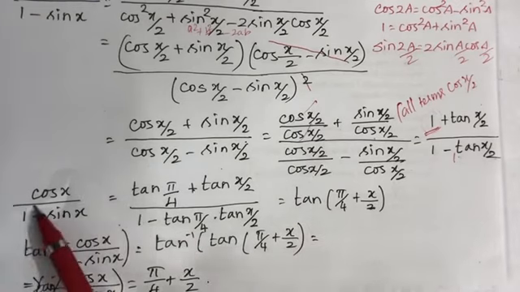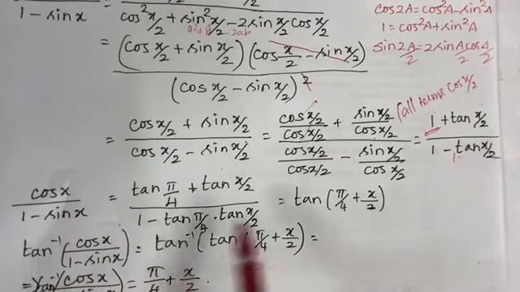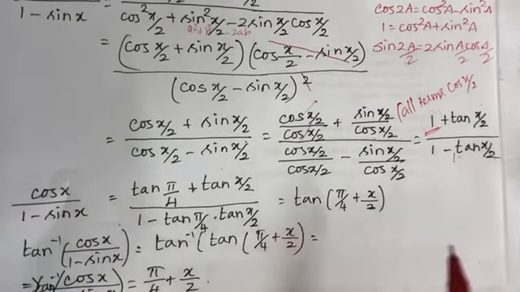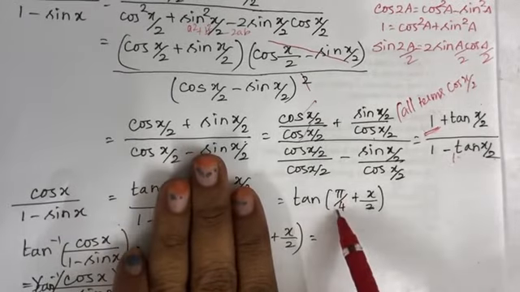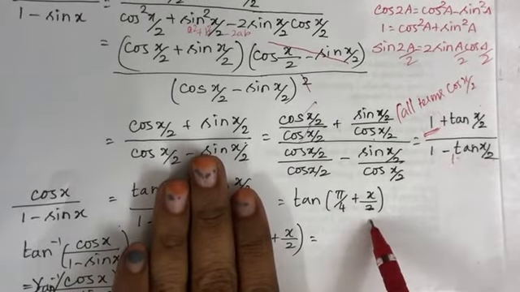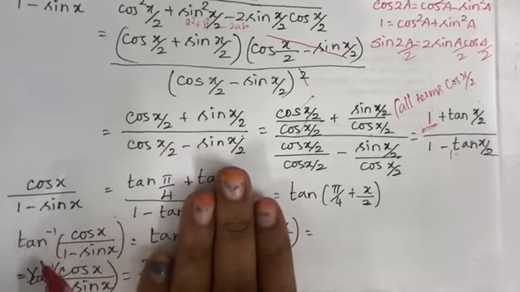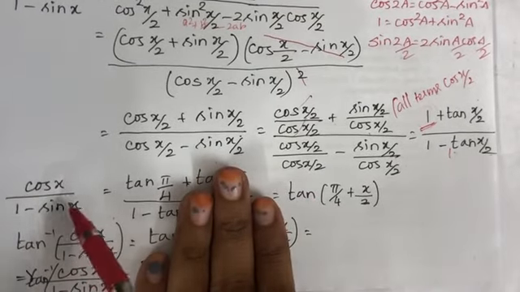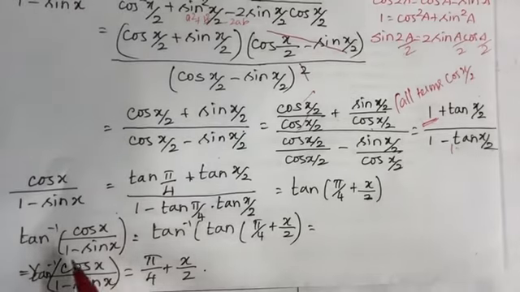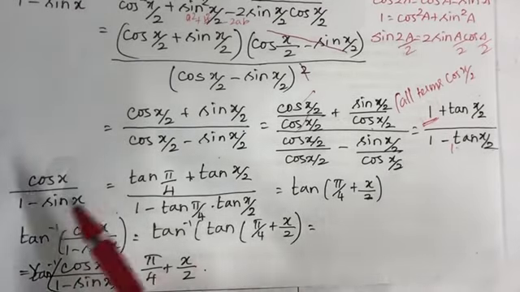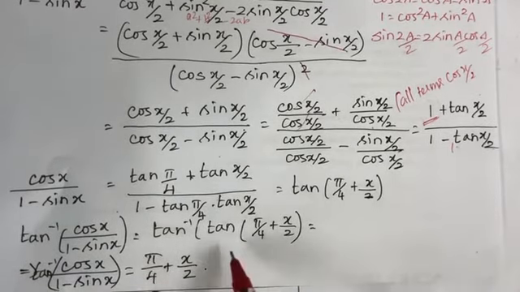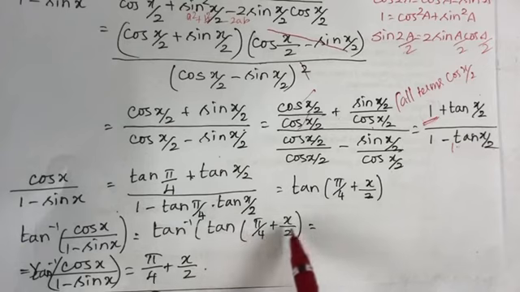So, cos x by 1 minus sin x is equal to tan of pi by 4 plus x by 2. Okay. So, when tan is going to this side, it will become tan inverse of cos x by 1 minus sin x. Only tan comes to this side. Okay. So, that is equal to pi by 4 plus x by 2.